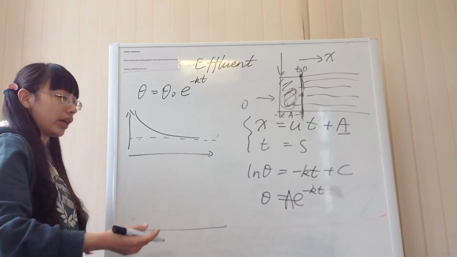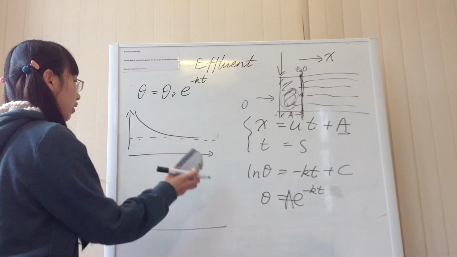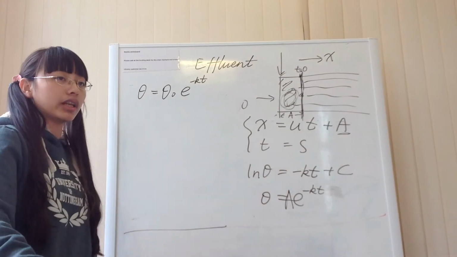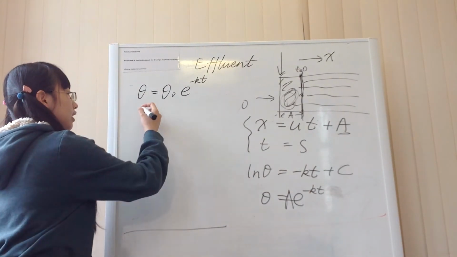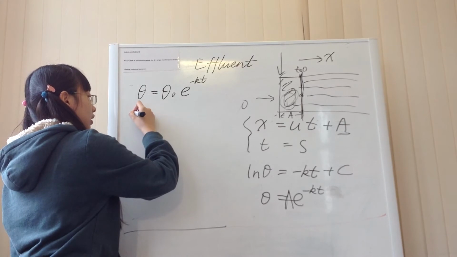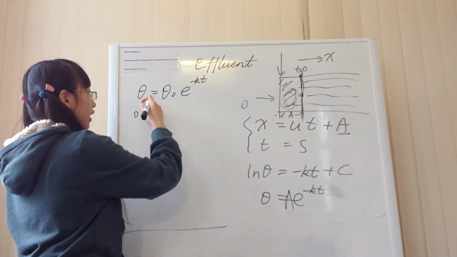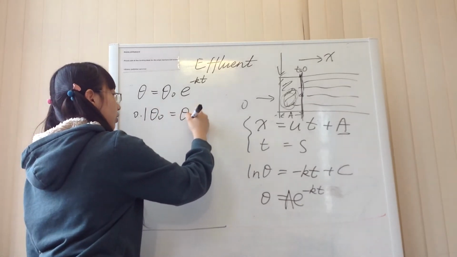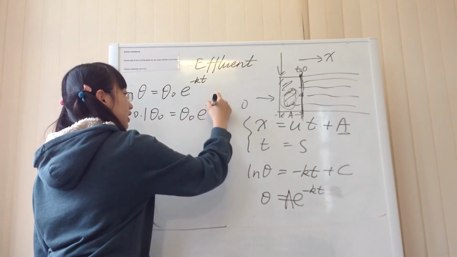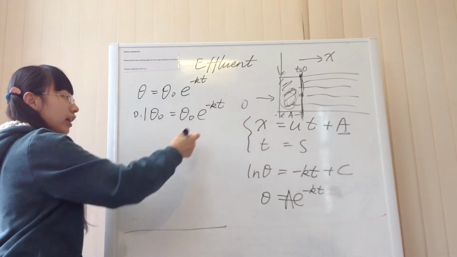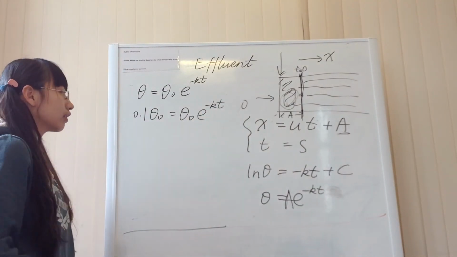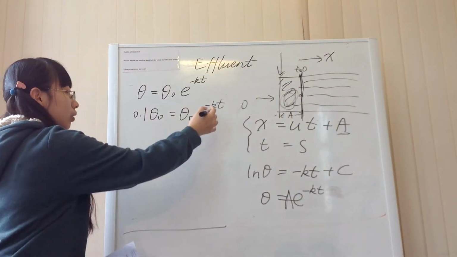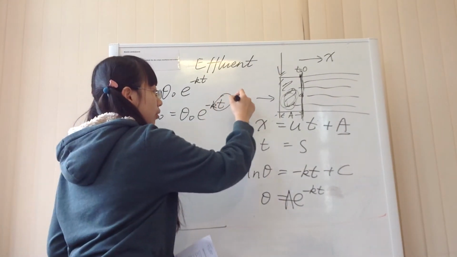The thing is, you can just say how much you would like it to fall down to. For example, if it falls down to 90% of its original, then this becomes 0.1 theta naught equals theta naught times e to the minus k times t, and you can solve t easily. Yeah, and if you want to find the length here, if you know t, substitute it back.